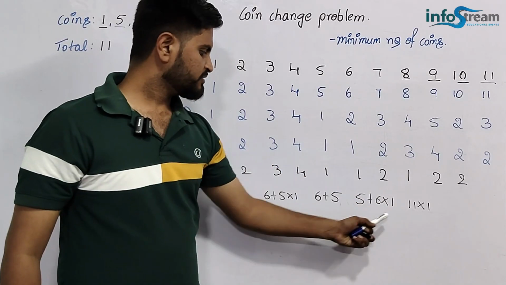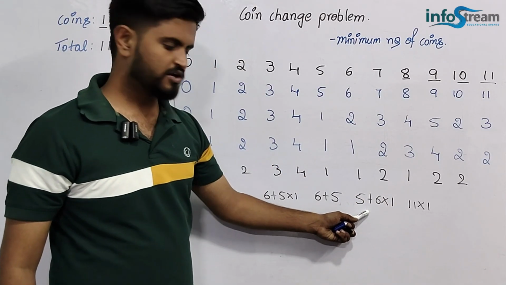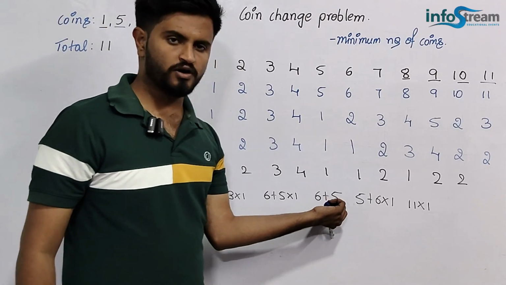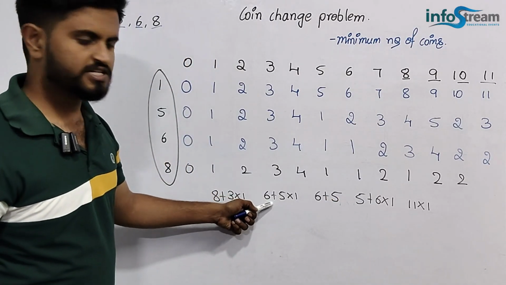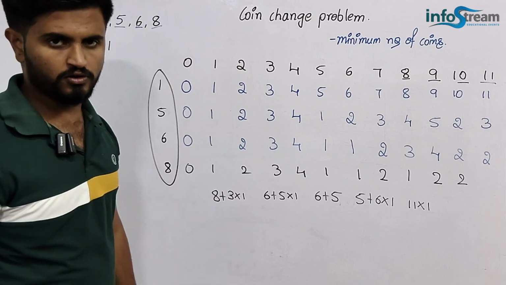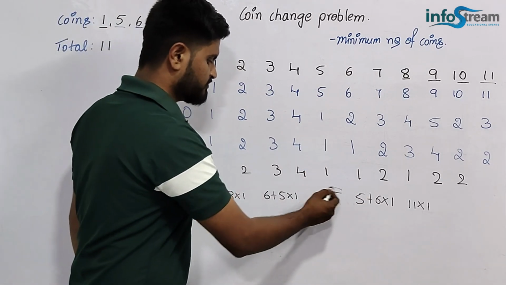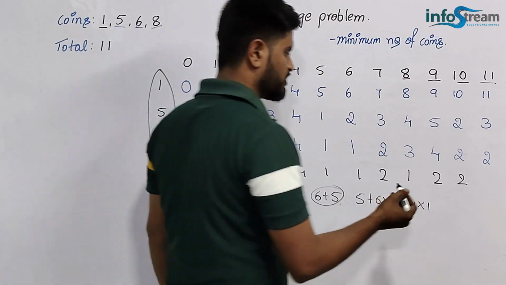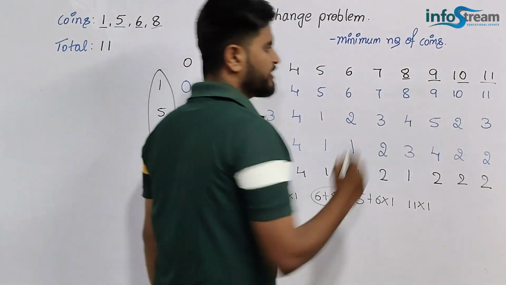Here 11 coins, 6 plus 1, 7 coins, one 6 rupee coin and one 5 rupee coin, total 2 coins, 5 plus 1, 6 coins, 3 plus 1, 4 coins. So among all these, we are having only the 6 rupee coin and 5 rupee coin. That is, just 2 coins will be satisfying the value of 11.